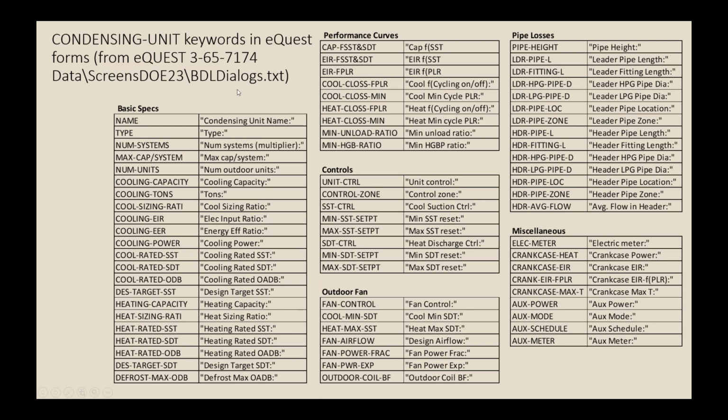As I mentioned in the previous webinars, there's a file in the eQuest directory called bdldialogues.txt that you can search for these things and figure out where they are in the interface. So if you can't find them, you can search for the keyword name and find it that way. Similarly, if you're looking at the worksheets, you can do that.